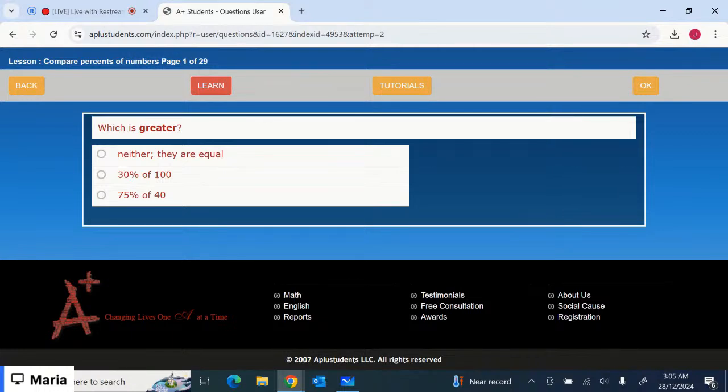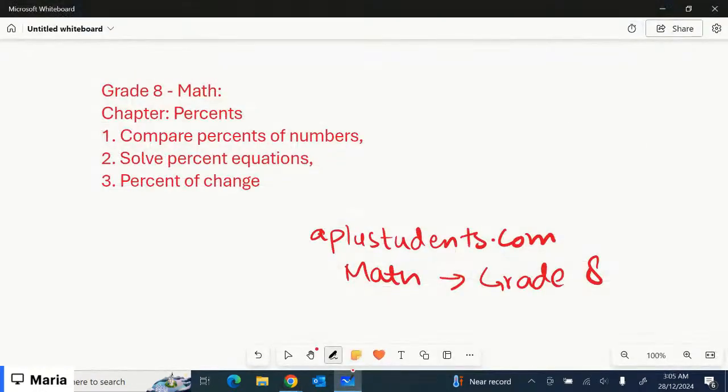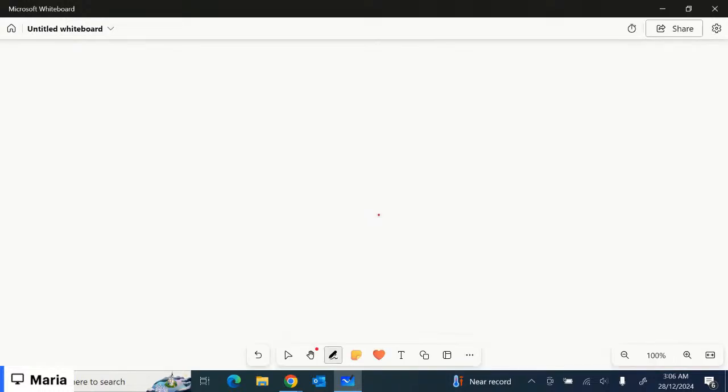Which is greater? You are given 30% of 100 and 75% of 40. 30% of 100 is 30 because you have to do 0.3 times 100, right?